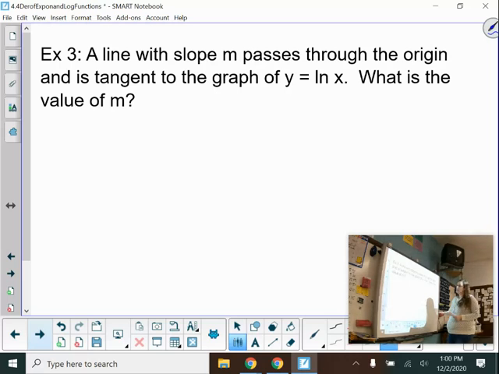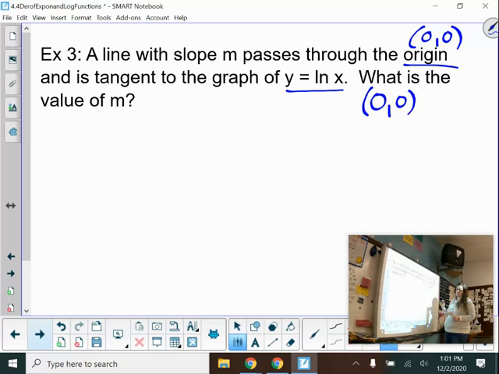Okay, so with this one, we have some line that has slope m. It's going to pass through the origin and is tangent to the graph of y equals the natural log of x. And we want to know what the value of m is. So I know that one of the points that I'm dealing with is (0, 0).